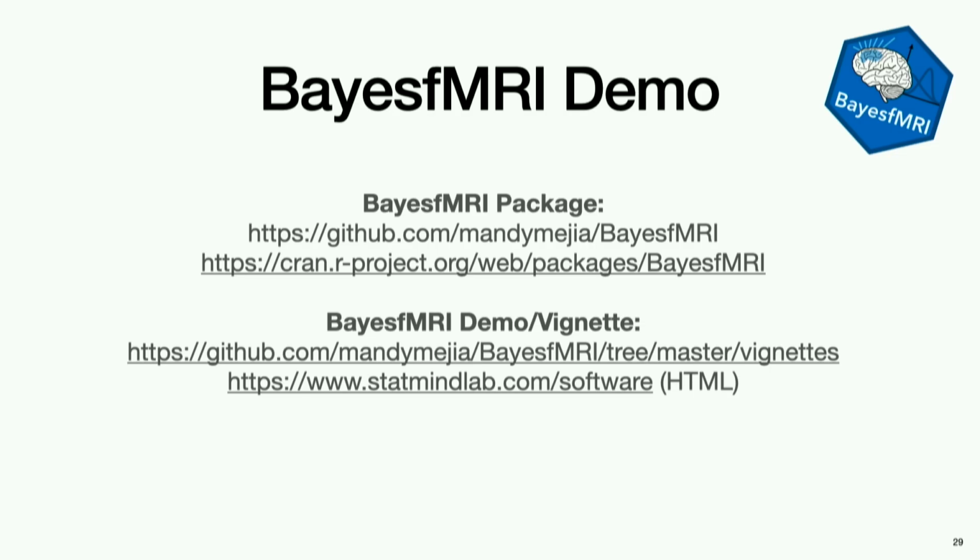If you just clone the GitHub repo, you'll have access to the actual vignette. But if you just want to preview the vignette, there's a link on my software page for my lab website. That's just an HTML preview of the demo. So you can see it fully rendered, but that won't get you to the R Markdown and all the data and everything. For that, you'll need to go to the GitHub page for the package.